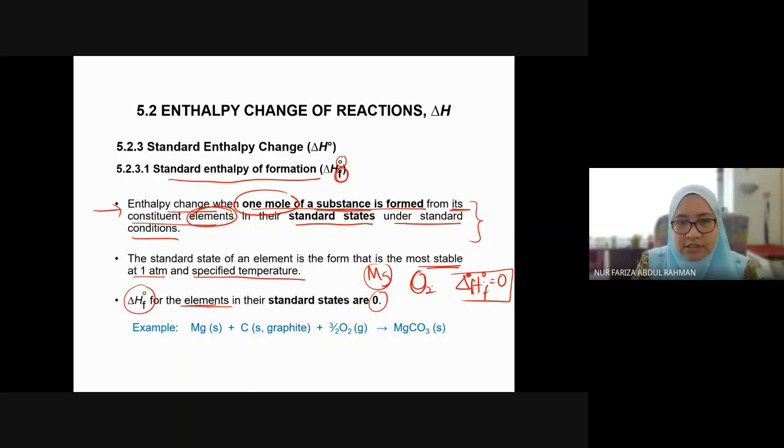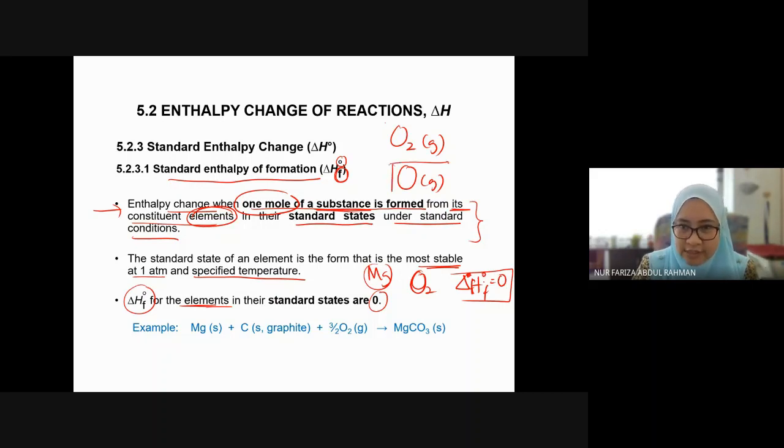Okay, untuk oxygen. That's why standard state for oxygen is O2 dalam keadaan gas, bukan O dalam keadaan gas. Okay, so oxygen present naturally as O2, the molecular element in gas state, not O atom in gas state.